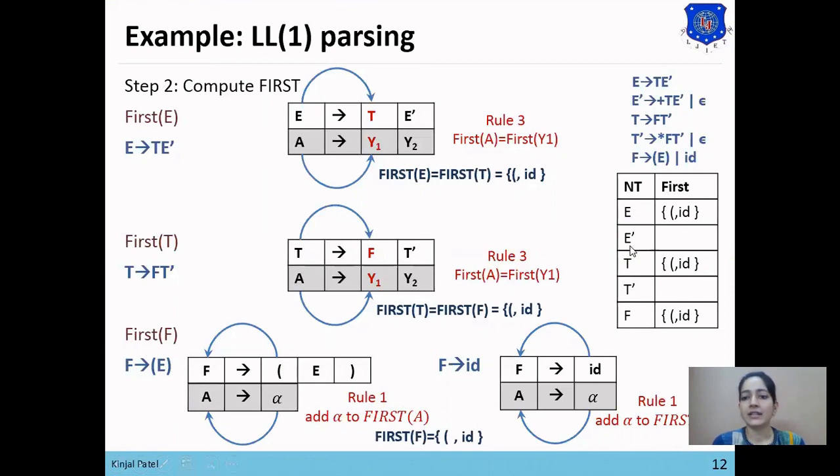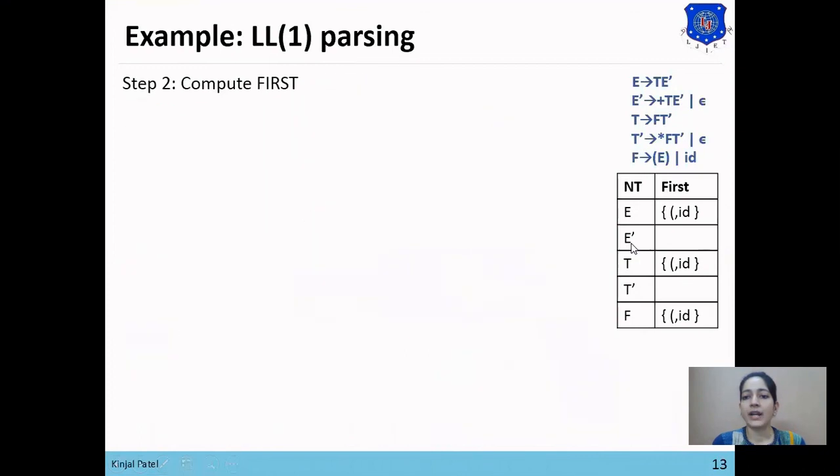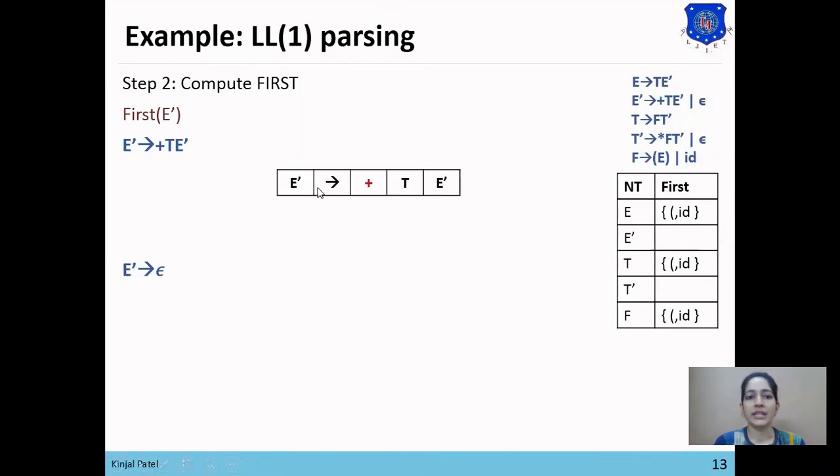Now the next task is to find the first of E dash. The production of E dash is plus T E dash and null. First we'll check plus T E dash, as this matches the first rule: if a terminal symbol is at the first position, then that terminal symbol will directly be added into first of E dash.